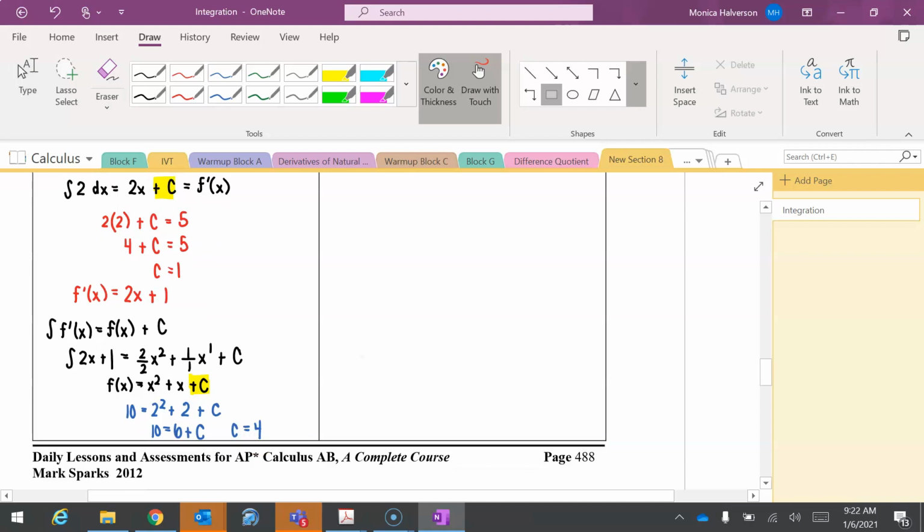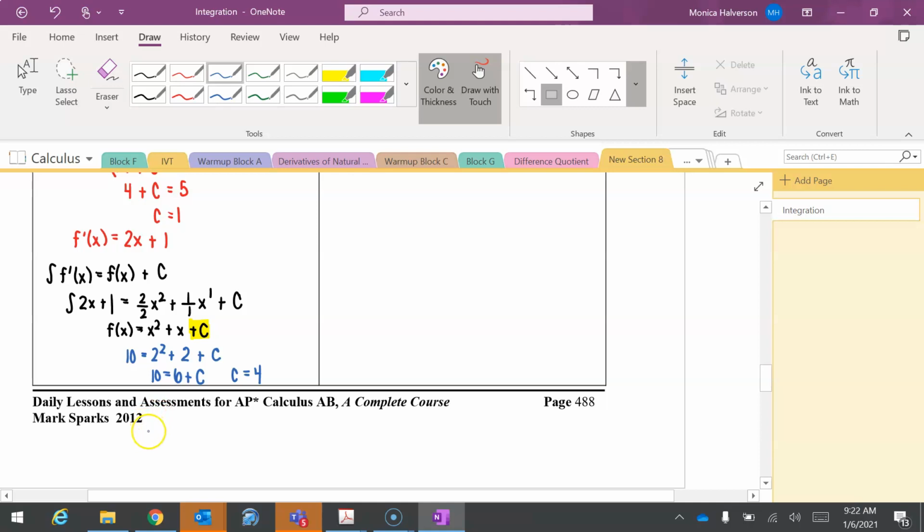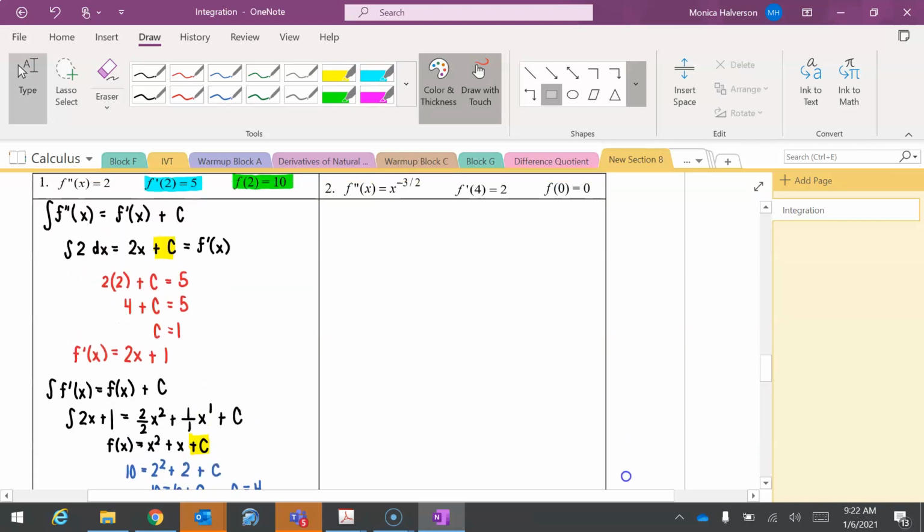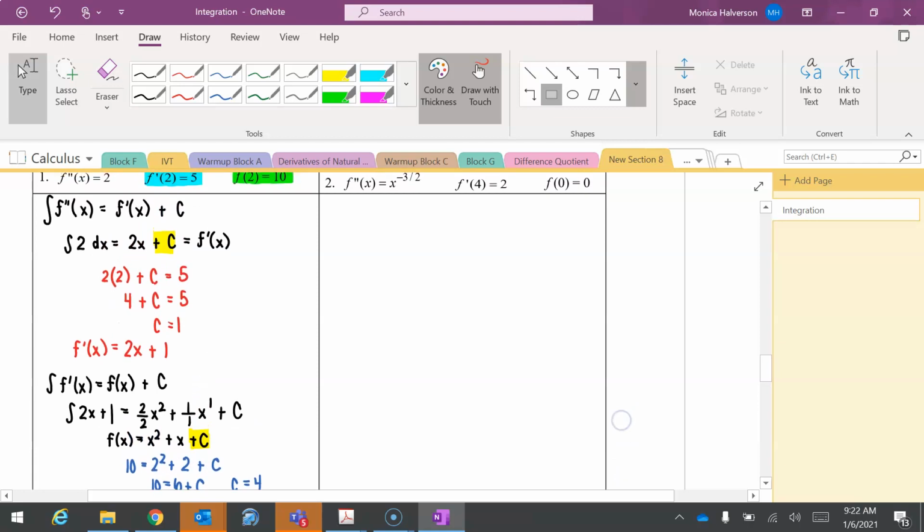So we can say very clearly here that f of x is equal to x squared plus x plus 4 in this example. That would be your answer. Okay? So I would like you to do this next one on your own.